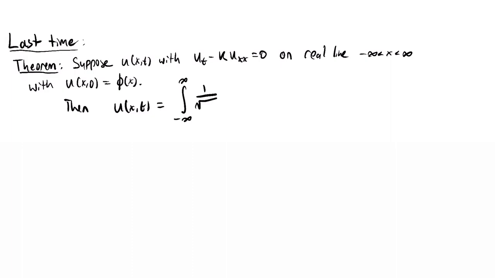So it turned out being 1 over the square root of 4 pi k t, and then times this exponential function, e to the minus (x minus y) squared, where y is the dummy variable you're integrating with respect to, divided by 4kt, and then all this times the initial condition, and you integrate with respect to y. So this is the solution formula for the diffusion equation.